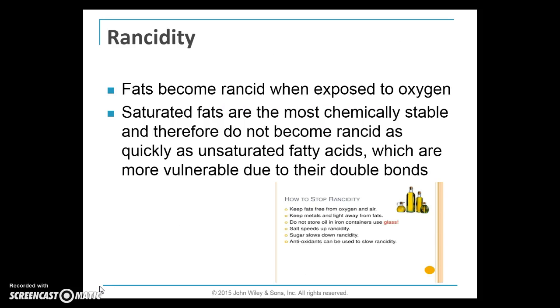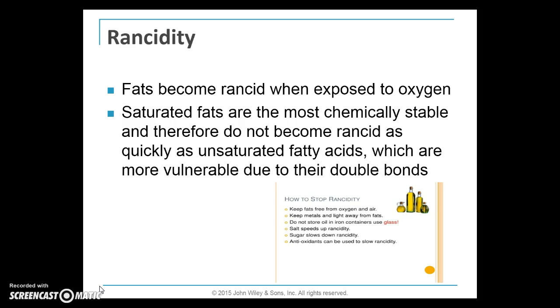Rancidity, let's just talk briefly about this because the book talks about it. Fats can become rancid when they're exposed to oxygen. Saturated fats are more chemically stable and don't become rancid as much. If you had a grandmother or someone who collected the oil from the meats and the bacon and put it on the stove in a bin and it just sat out there for days, you thought, how come it's not going bad?